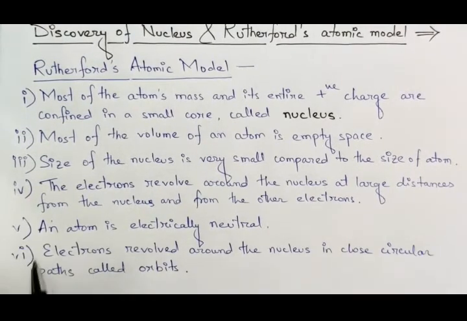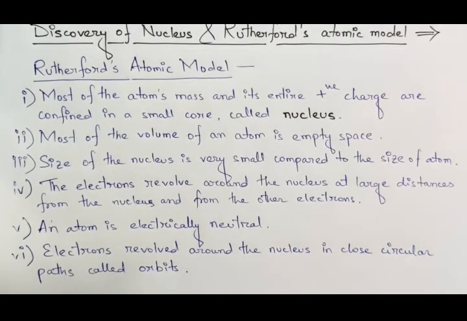But this concept was the main drawback of Rutherford's atomic model, because according to the classical law of mechanics or electrodynamics, if an electrically charged particle is in motion, then it will radiate some energy. So according to Rutherford, the electrons were non-stop, or we can say there was a continuation of the motion of the electron.